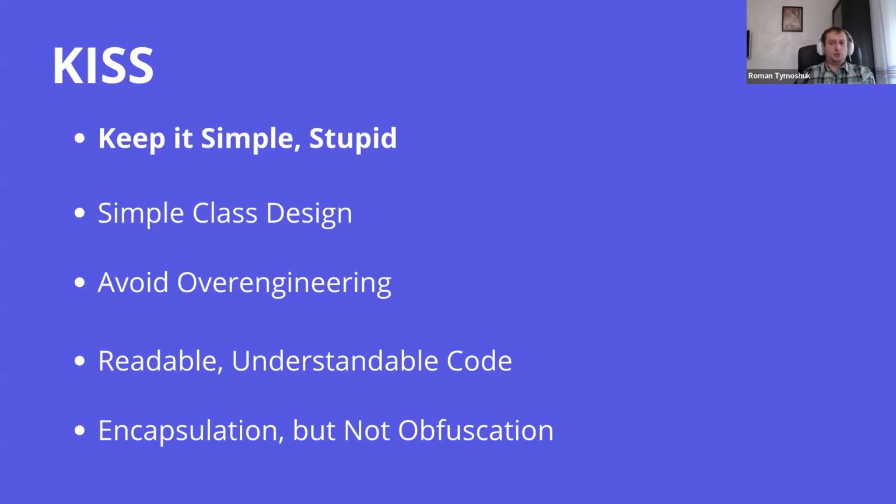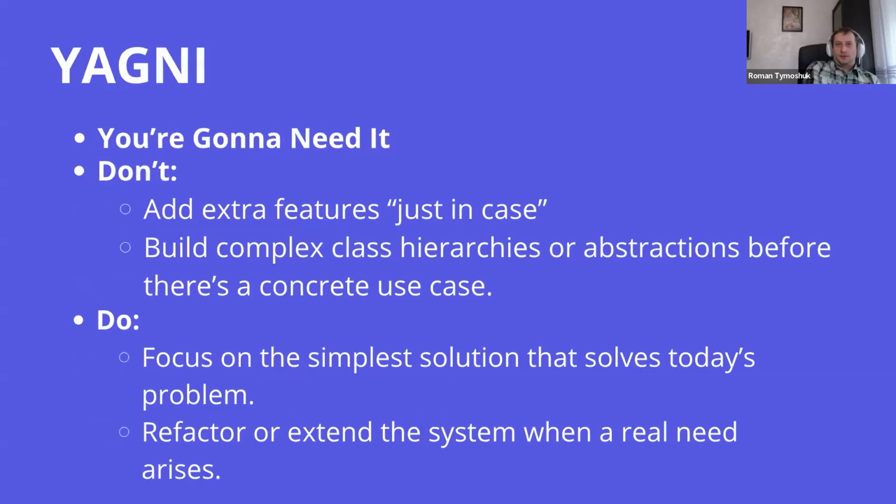So it should be clear, it should be understandable. Encapsulation means that we are using the dependent objects as fields, and they should have their own zone of responsibility, and we can reuse them. Is it clear? I believe yes. Let's go to the next one. YAGNI.